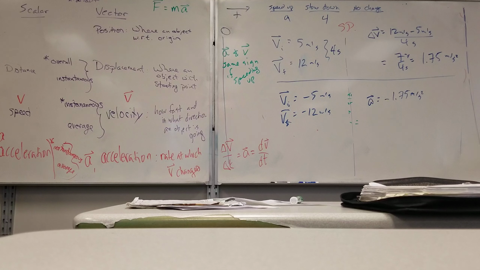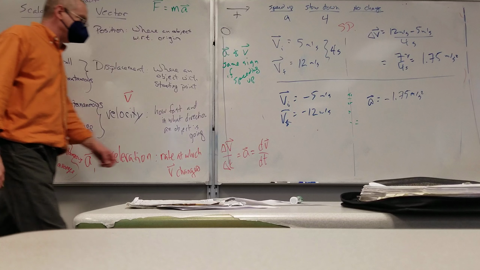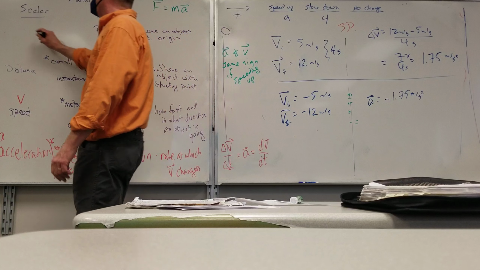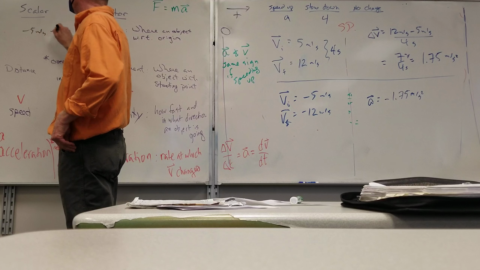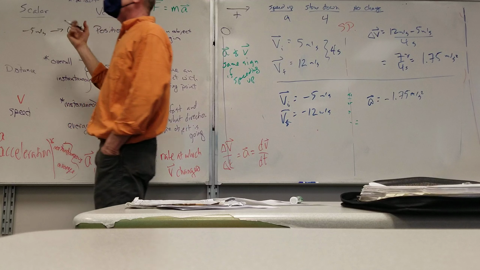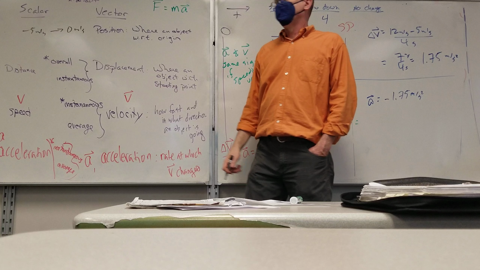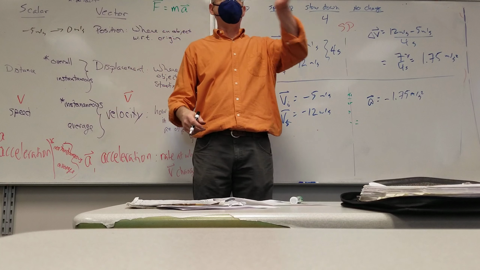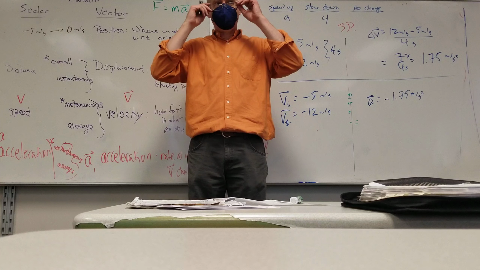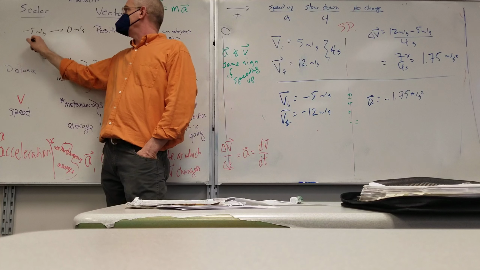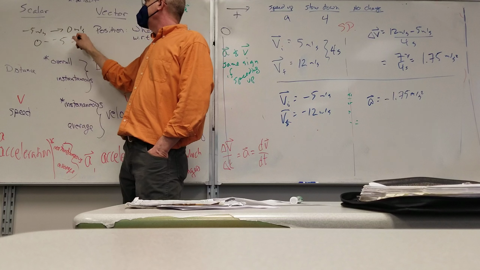Except, let's say I was going negative 5 meters per second, and then I went to 0 meters per second. Is that a positive change or a negative change? Positive. Change is always final minus initial. That's one of those very few always that show up in physics. So 0 minus negative 5 is positive 5.